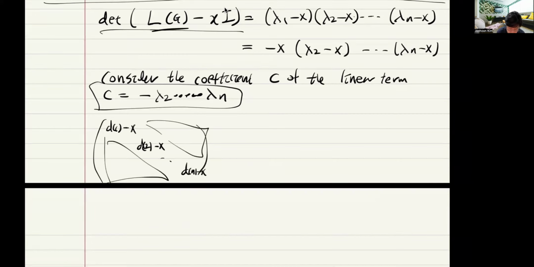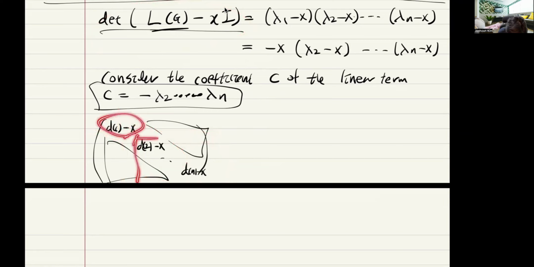And then what's the linear term? Linear term is how you compute it. You take one of these, and then you delete, and then you take the determinant, and then you multiply. That's how you compute the determinant of this.